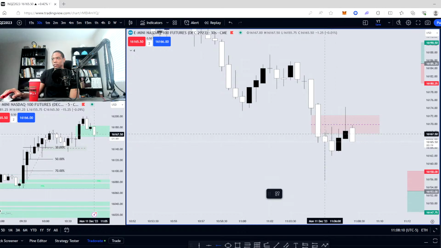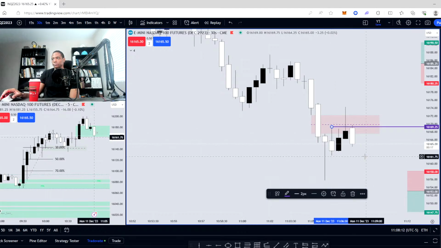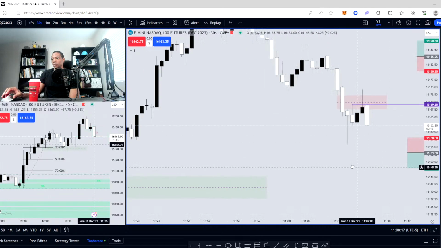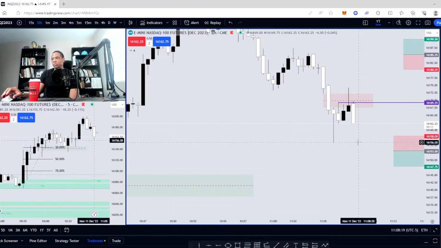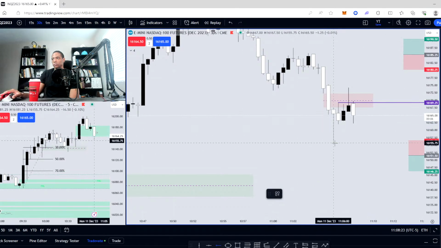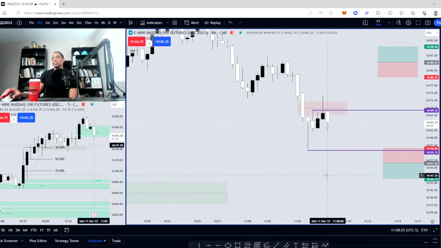There's a high, there's a lower high to the left, lower high to the right. Now we look for a continuation downwards, make a new low. We can come down and make a new low, and we're potentially looking at a short setup.